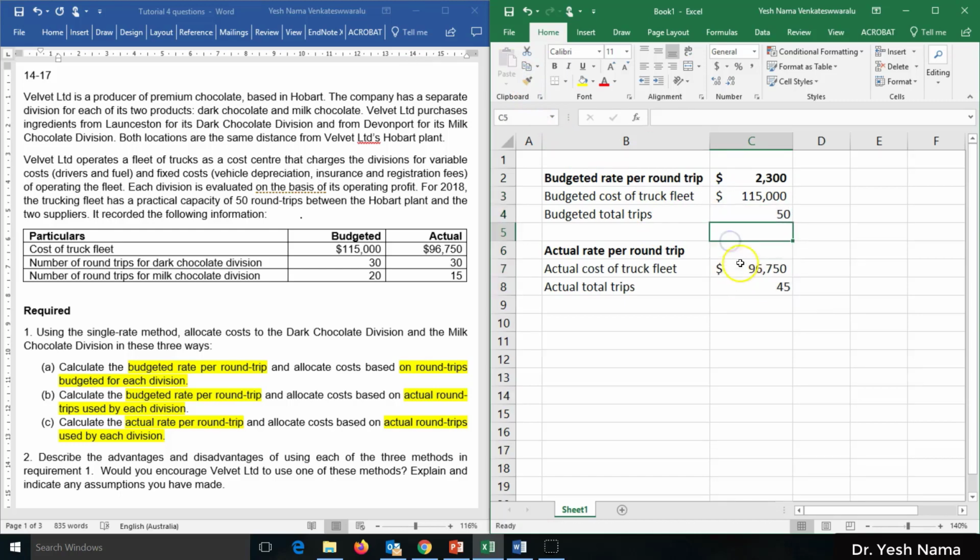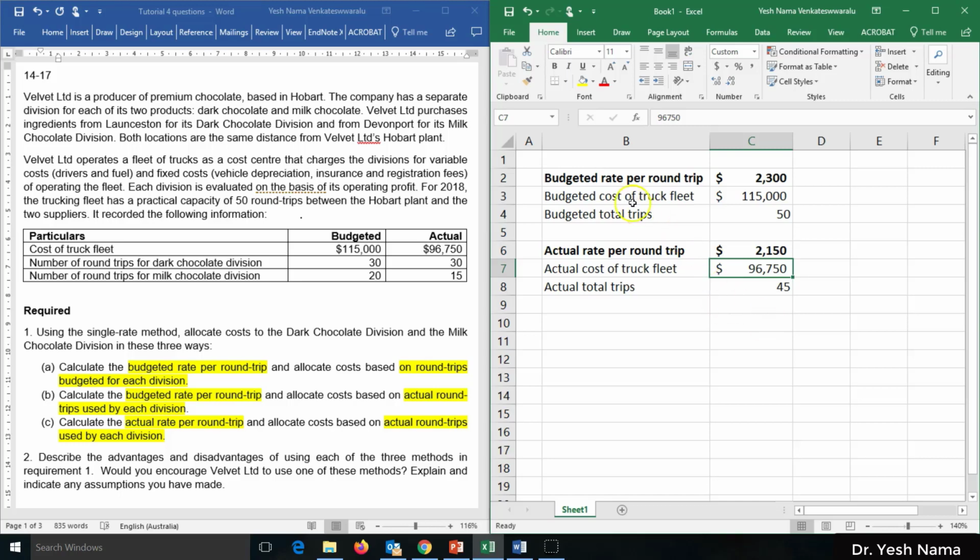In order to get the actual rate per round trip, we divide the actual cost of truck fleet by actual total trips. And this leads us to a number of 2,150 per round trip as the actual rate per round trip.